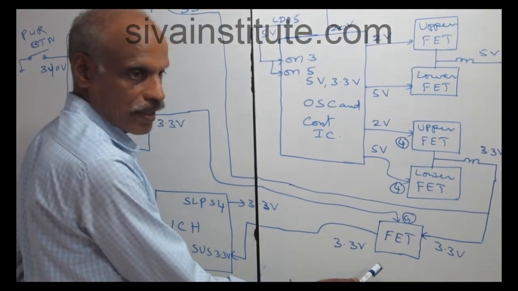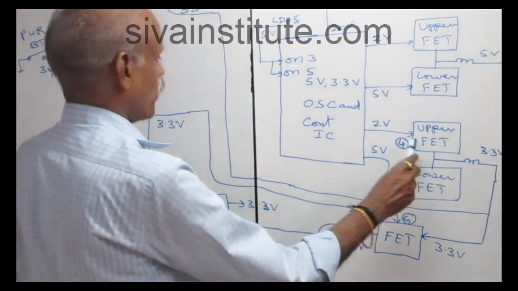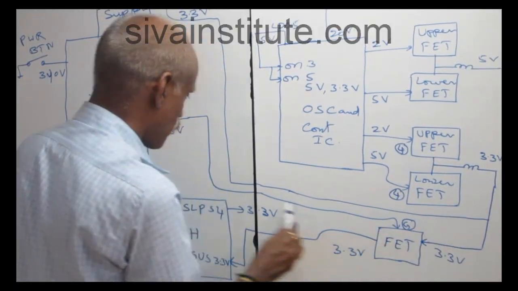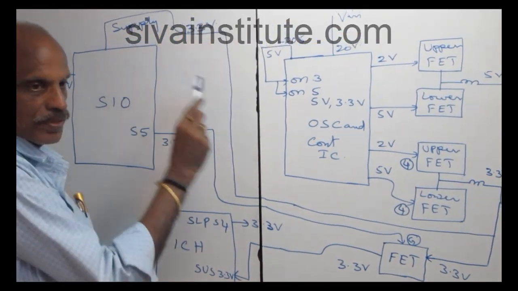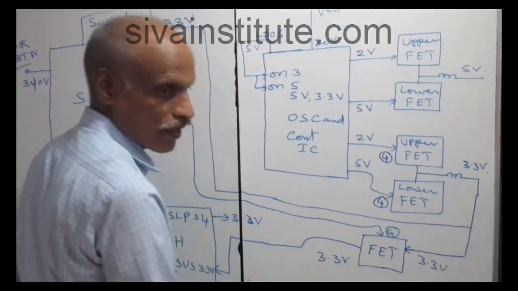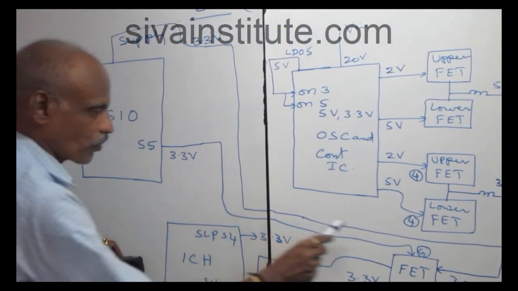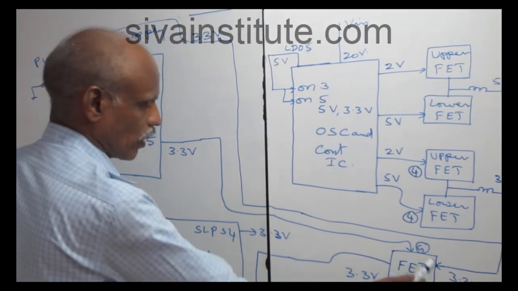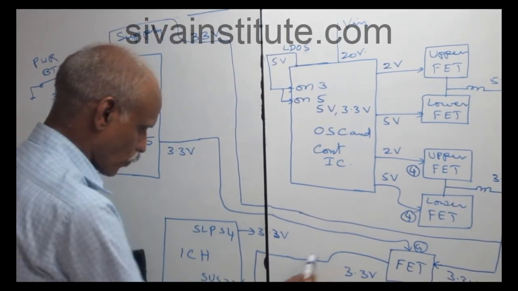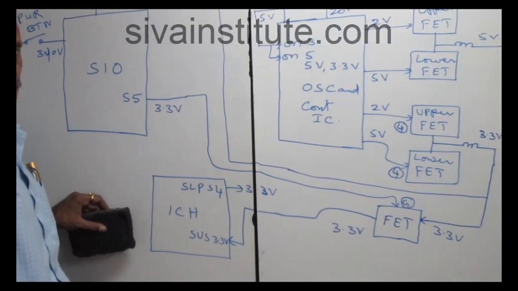Another FET comes here. Without pressing the power button, the 3.3 volts goes to the SIO chip. The same voltage goes to another FET. When you press the power button, this S5 3.3 volts goes to another FET gate. That voltage is released from this FET. This voltage goes to suspend 3.3 volts.